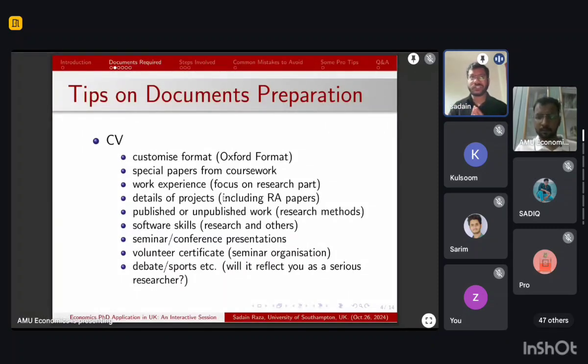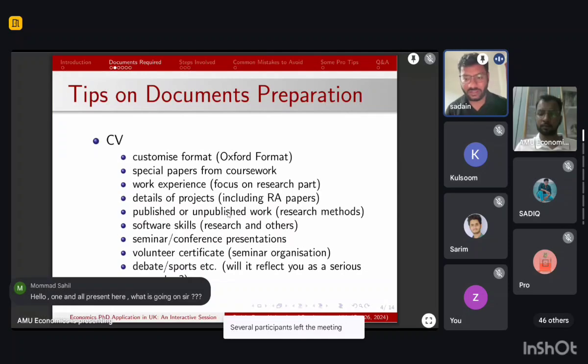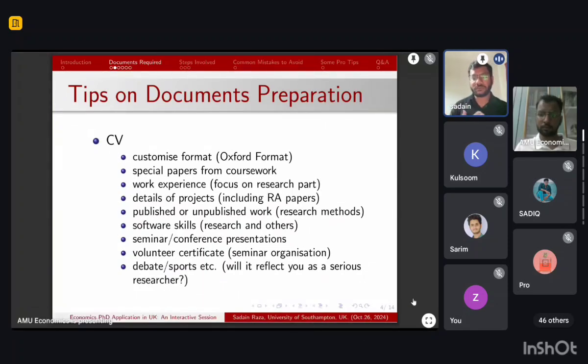So if you mention everything that is not connected to your research, it won't reflect well. My personal suggestion is that whatever you write should somehow connect to research. Maybe something that helped you to do research, or something that gave you a clue of a topic.